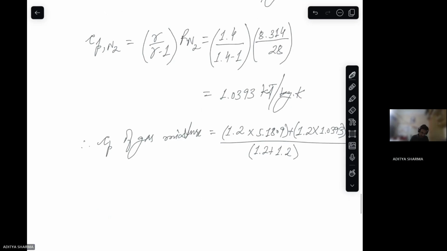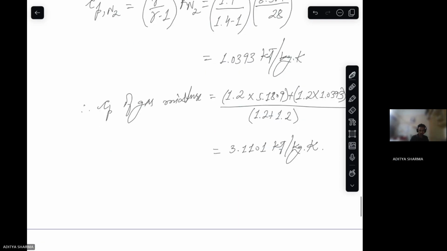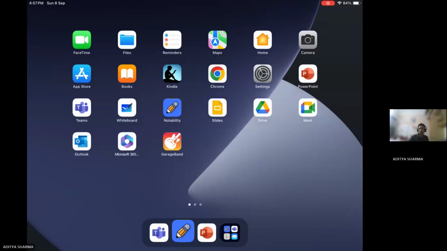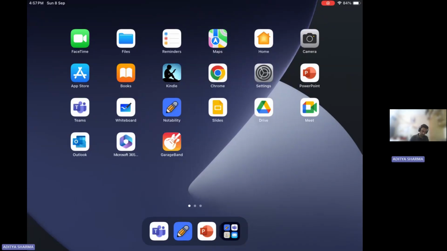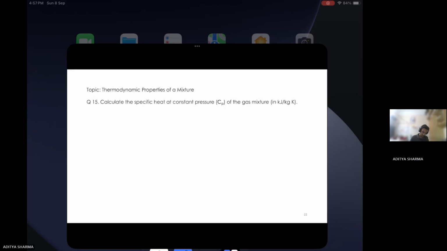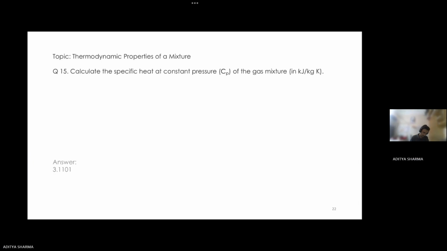And now if we work this out, this comes out to be this. So this is your question number 15. Now let's see question number 16.